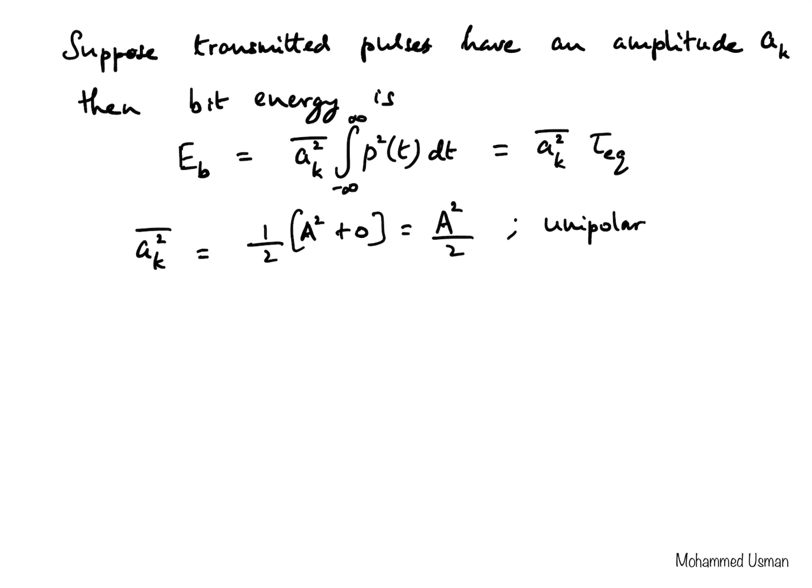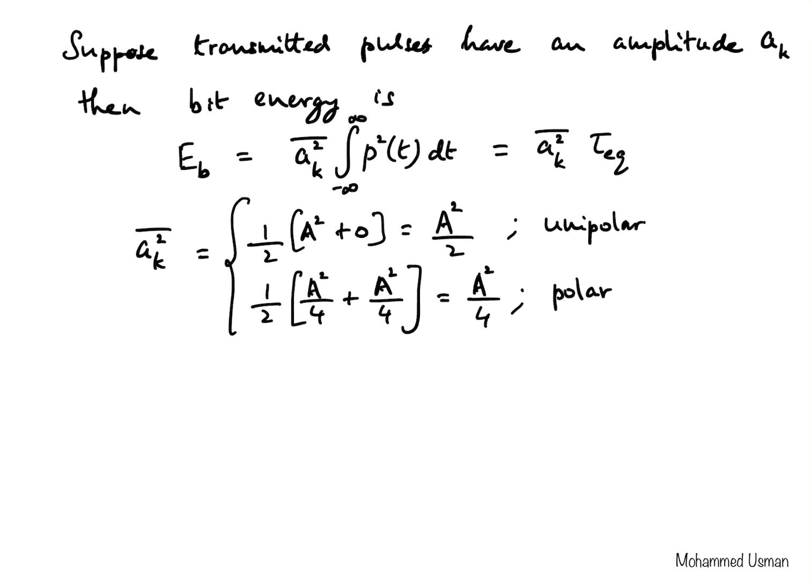And for the polar case, in the polar case, the binary 0 and binary 1 are represented with minus A by 2 volt and plus A by 2 volt. So the squared values will be A square by 4 and A square by 4. So it's half of A square by 4 plus A square by 4, which is equal to A square by 4, for the polar case.